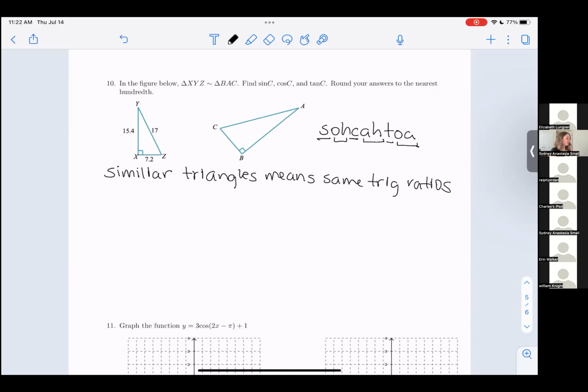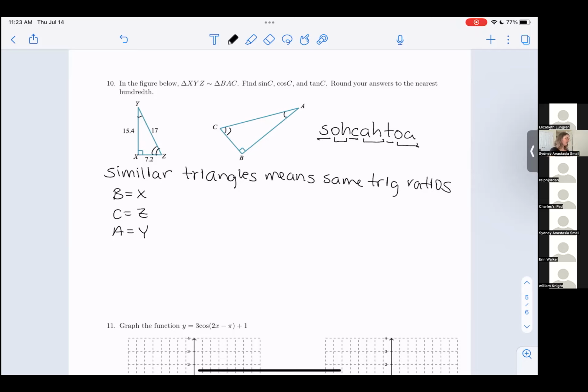So even though the side lengths of BAC may be different than XYZ, being similar means that our angle B is equal to angle X, because those are the right angles. Our angle C is equal to our angle Z, and our angle A is equal to angle Y. So even though the side lengths may be different, our angles are congruent.